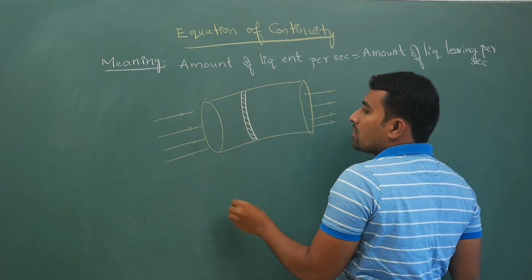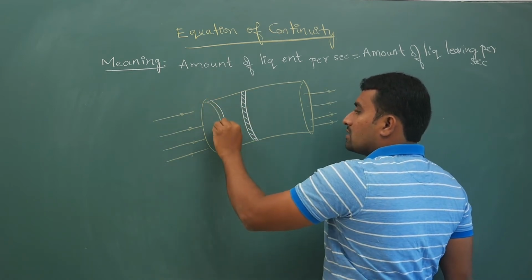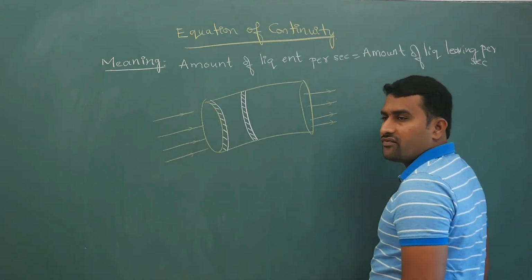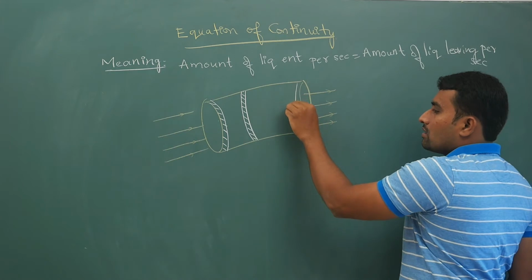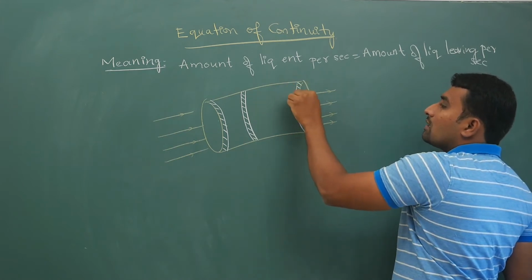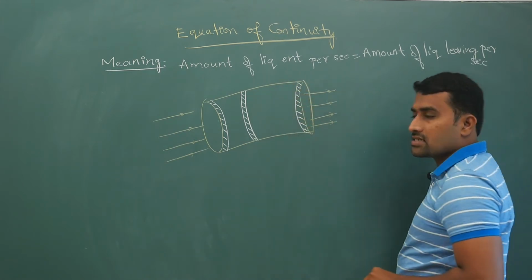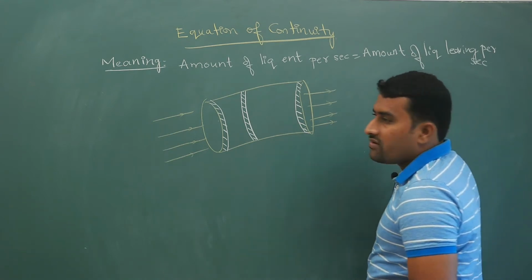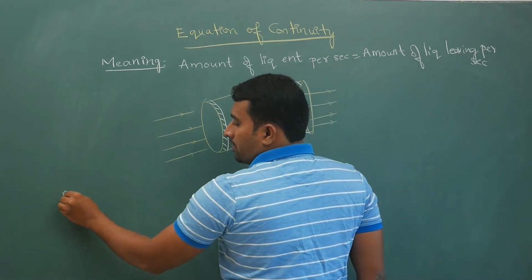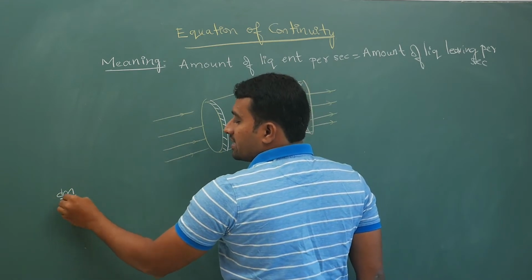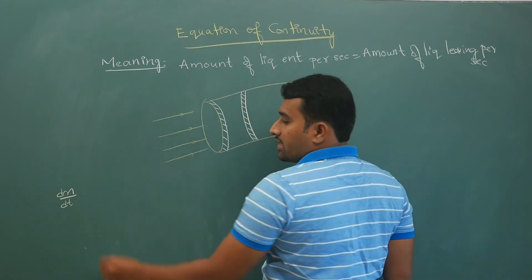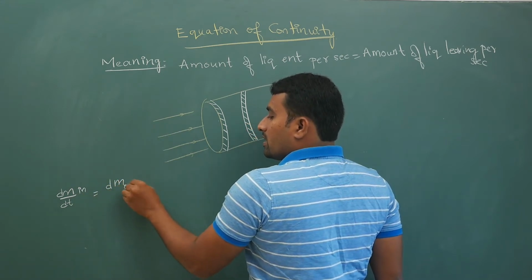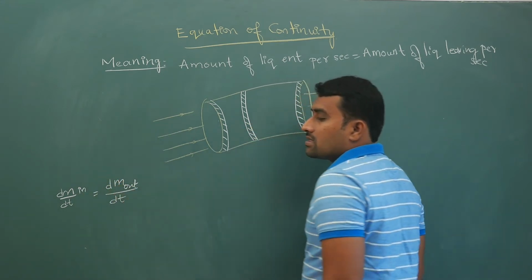So if some liquid dx enters, if an incompressible fluid is entering, then dm by dt is the rate at which mass is entering, and dm out by dt should be the mass leaving.